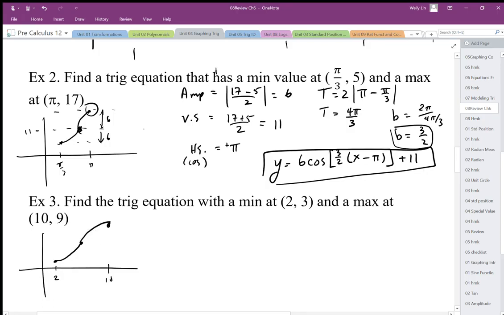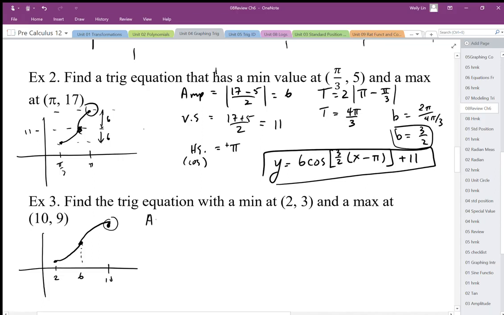I should use cosine and use that as my horizontal shift, but I could use that position there of 6, that's halfway between, as the starting point for sine. That's not that hard to find if you want to use that. I'm still going to use cosine because it's always easier.